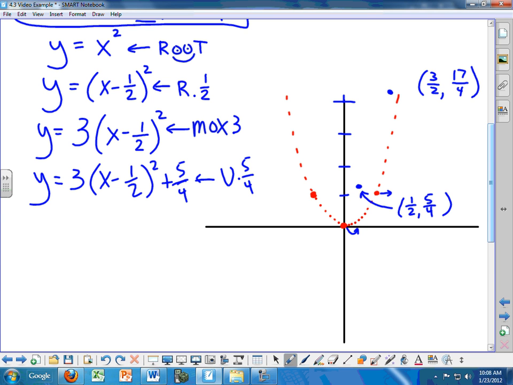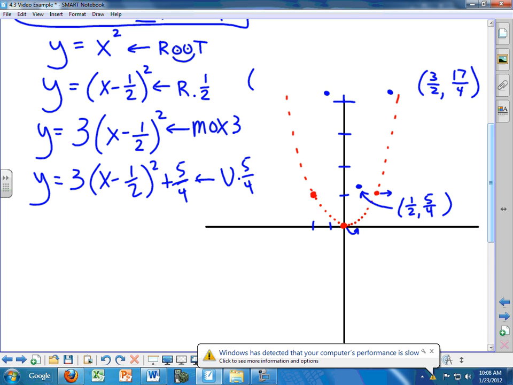The nice part about this is that the other point will have some symmetry here. So using -1, 1, move it 1 half to the right is going to be negative 1 half, comma 1. MOX 3 is negative 1 half, comma 3, and then up 5/4 is here. And so all we really need to know is the negative 1 half part, because it's going to be horizontal with the other 17/4.